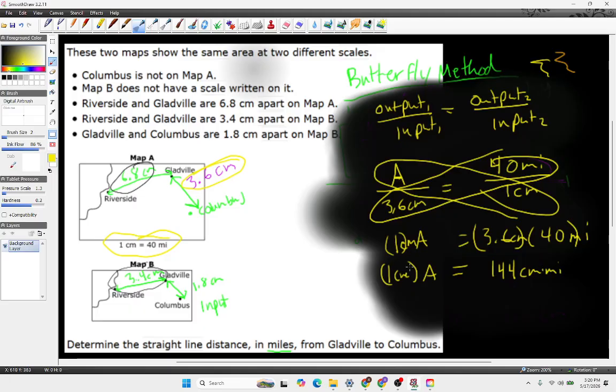But now we're going to divide both sides by this constant of 1 centimeter. You wouldn't need to show all this using the units, but this is just to help you out for chemistry. Centimeters will cancel, and look at that, how nicely that cancels out. 144. The only unit left here is miles, and that is just further confirmation that, yeah, I did this correctly.